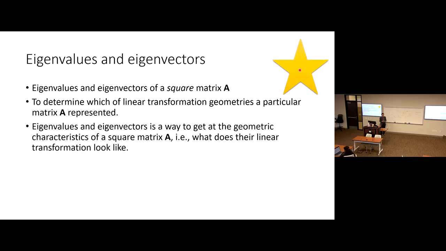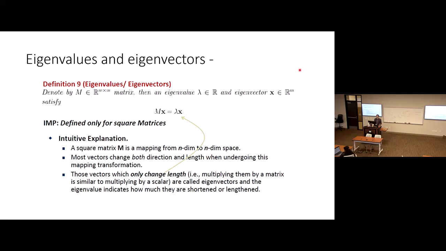If it's not a squared matrix, we cannot do this, cannot find this, okay? You see here, it only changes length. What that means is this vector only changes its length by a scalar value, the eigenvalue here, after being operated or transformed by the M matrix. M is a squared matrix.